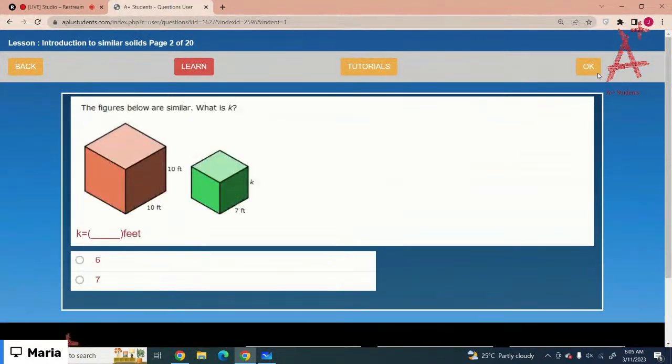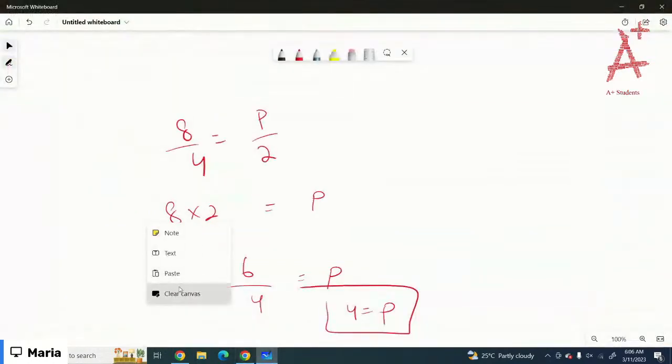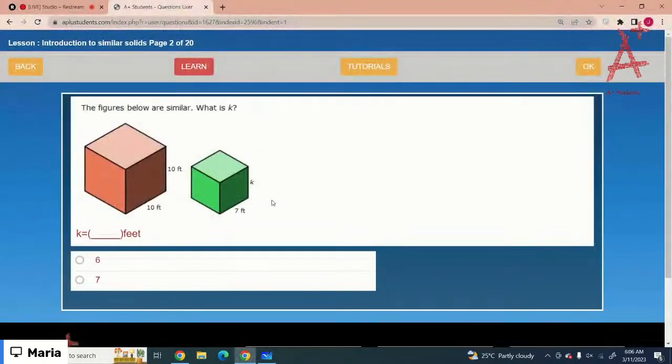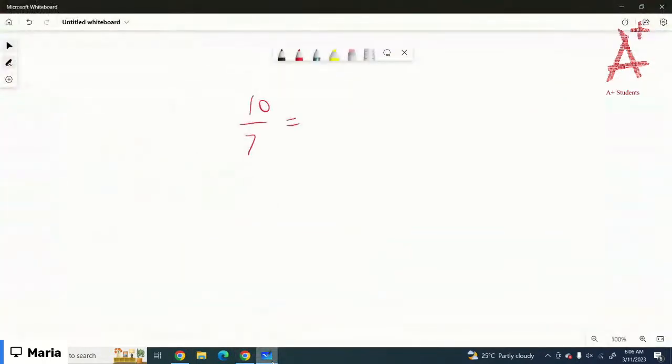The figures below are similar. What is K? So just form the proportion between the similar sides. It would be this side and this side. 10 and 7 are similar. It would be 10 over 7 equals 10 divided by k. So you have to solve this proportion for k.